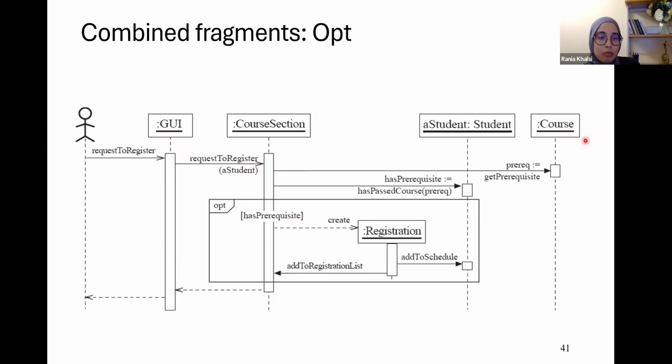This will go to get the list of prerequisites, and then we check whether the course has prerequisites or not. So this is an optional block. If it has, then we have all this: a creation of the registration instance and different other messages. So this is just an optional part.